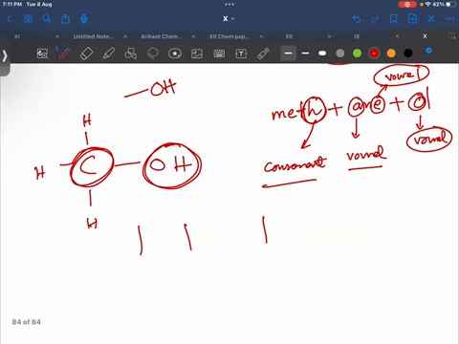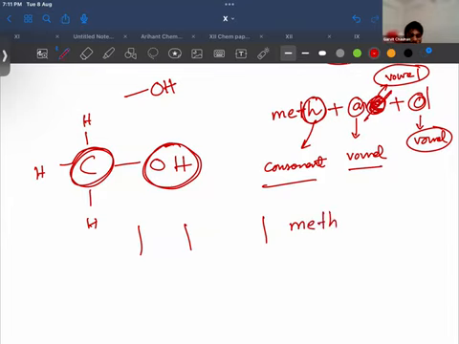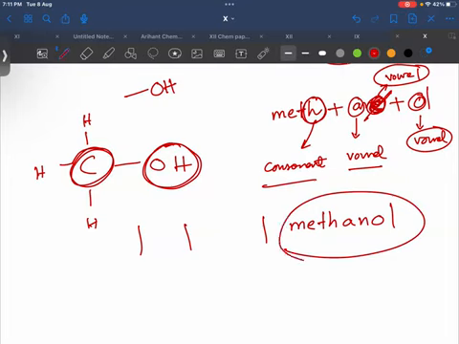That's why we remove this E, everyone. Look here. -ane का E हटा देते हैं, नाम से. So it will be methanol. ठीक है? और capital होता है. First letter is always capital in organic. याद रखिए. So the name is methanol.